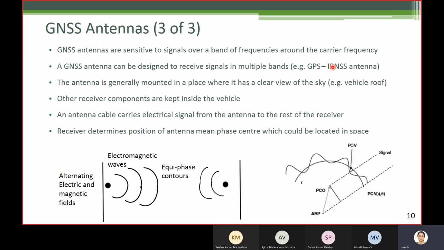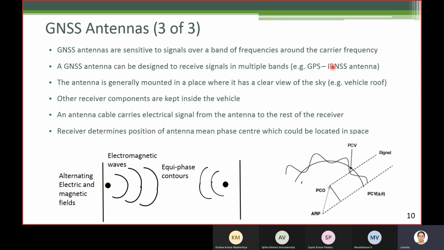But if you want to have IRNSS in cell phones, you need a small antenna. Probably this is one of the motivations why ISRO decided to have another frequency in the L band for new IRNSS satellites, L1 band. So new IRNSS satellites will have L1 in addition to L5 and S. So there is a small separation between L1 and L5.